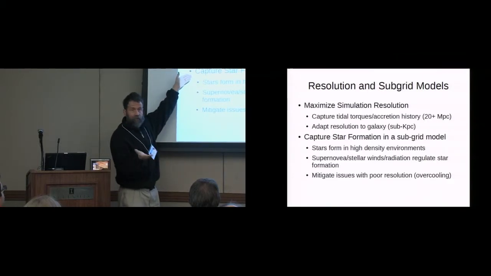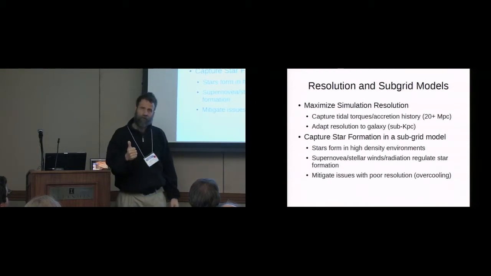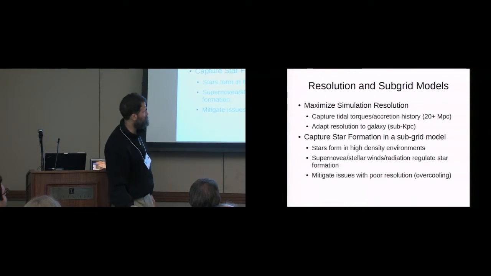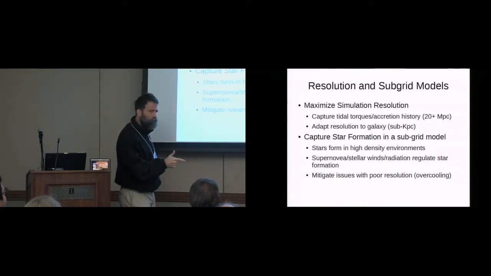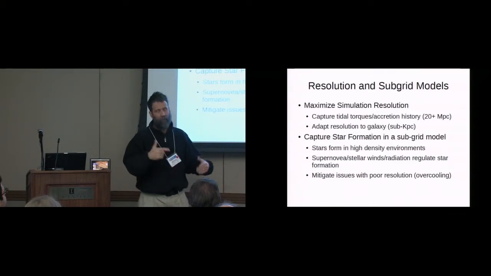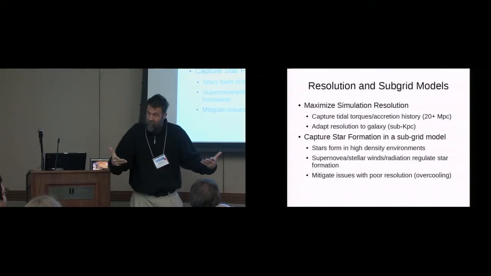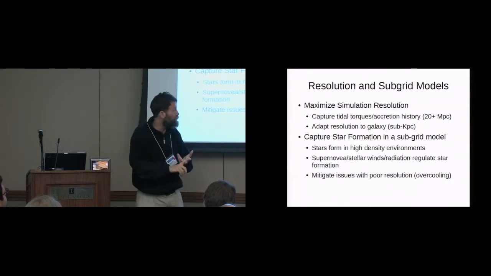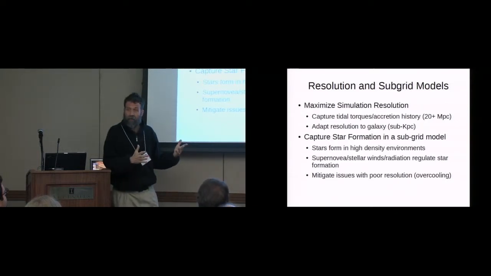But we can't do all that radiative transfer stuff, so we have a subgrid model where we recognize, okay, we don't know all the details, but we do know the stars form in high-density environments. We do know that star formation is not an efficient process. And so feedback both from young stars and supernova are regulating star formation.